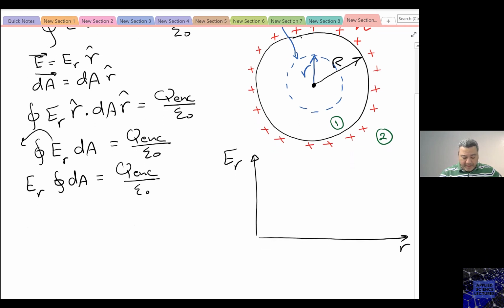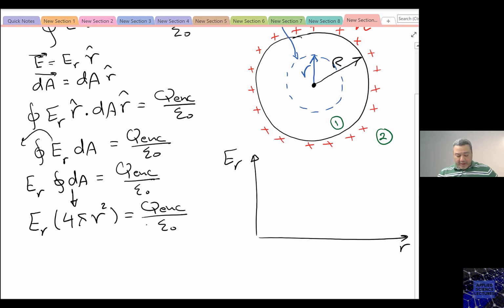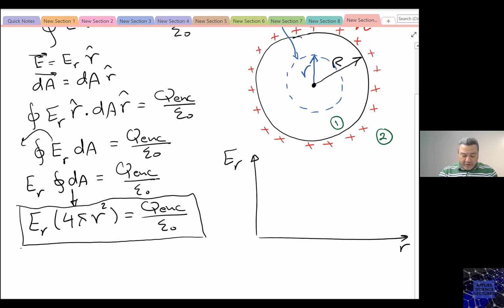The relationship is now the magnitude of the electric field times the integration over this closed surface, which I expect to be the area of the sphere, 4 pi r squared, equals Q enclosed divided by epsilon naught. This is the Gauss's law relationship for this conductive sphere.